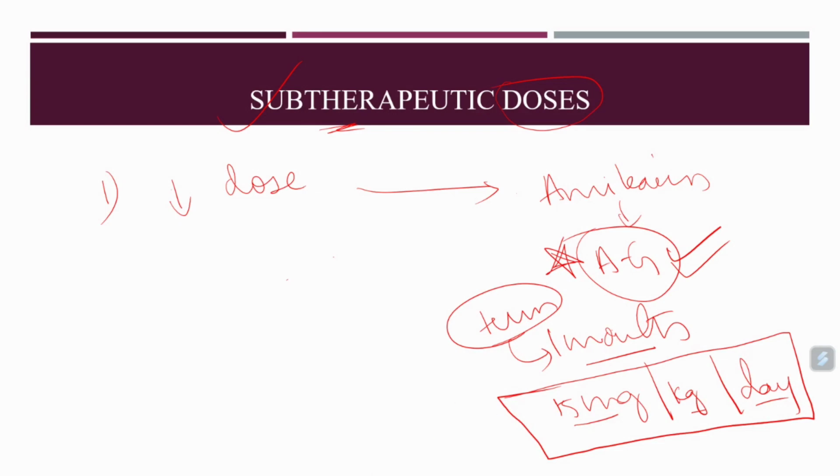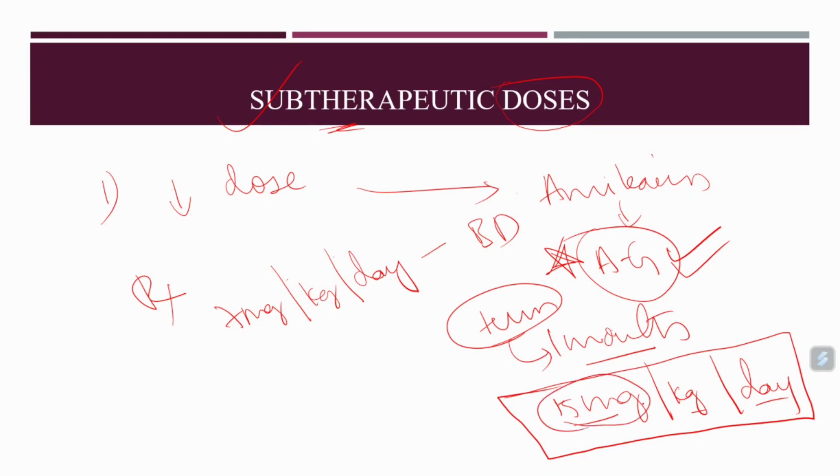This is the standard dose, and in the prescription, the physician or the pediatrician has written 7 mg per kg per day, and this is written BD. Actually, for 24 hours, we have to maintain 15 mg per kg. For example, if the patient's weight is 10 kg, our dose for 24 hours will be 150 mg.